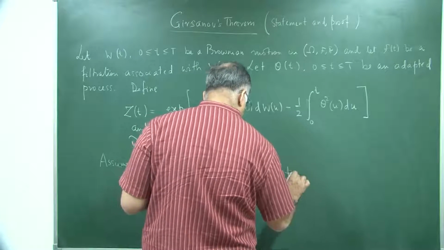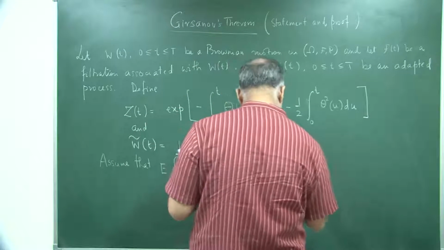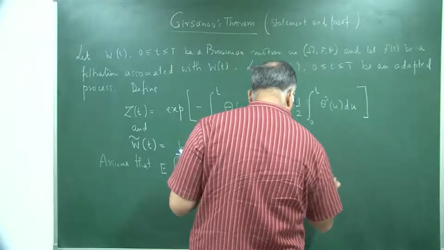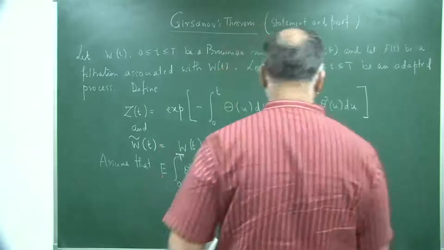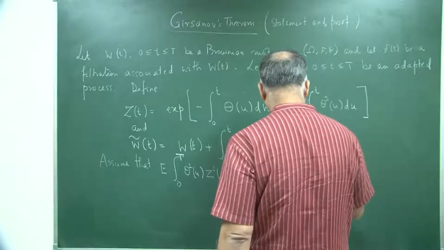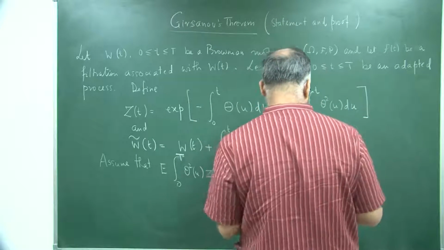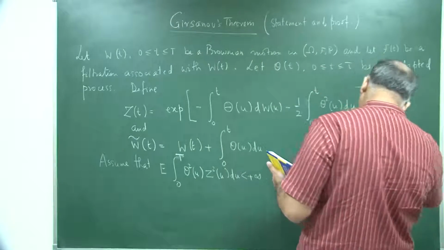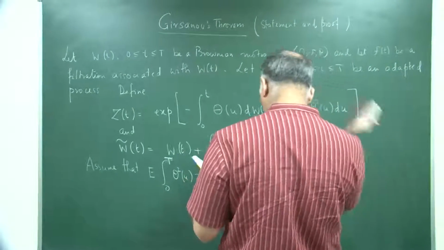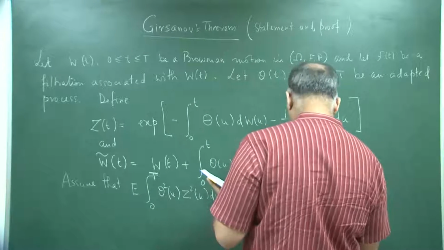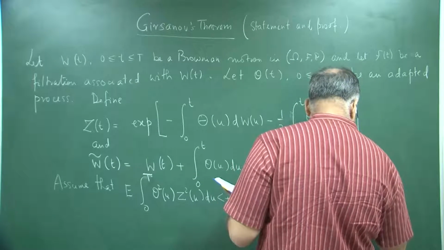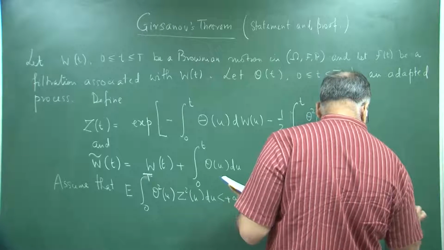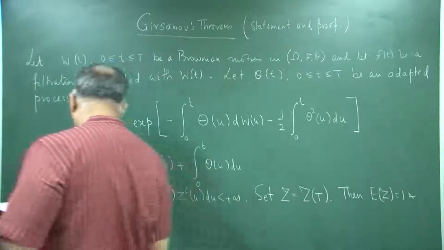Set Z equal to Zt. So, Zt, the terminal random variable of the stochastic process Zt, is given the name Z, by which you transfer the measure from P to P tilde. Then E of Z is equal to 1.